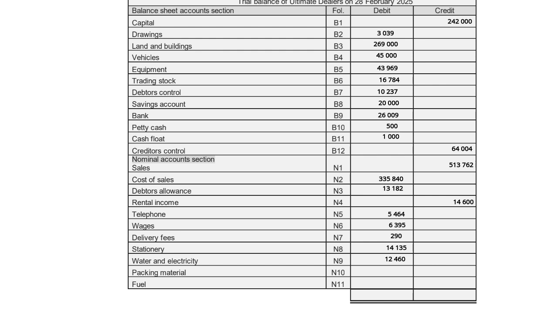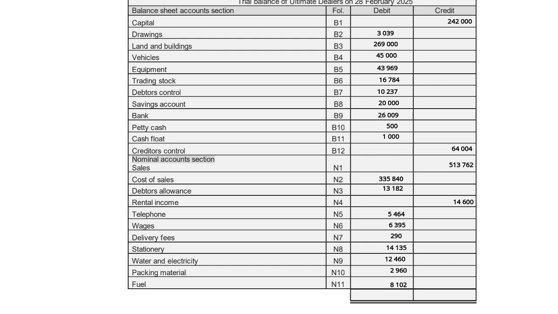And packaging material has a total of 2,960 on the debit side. And your last expense account was your fuel expense account of 8,102 on the debit side.